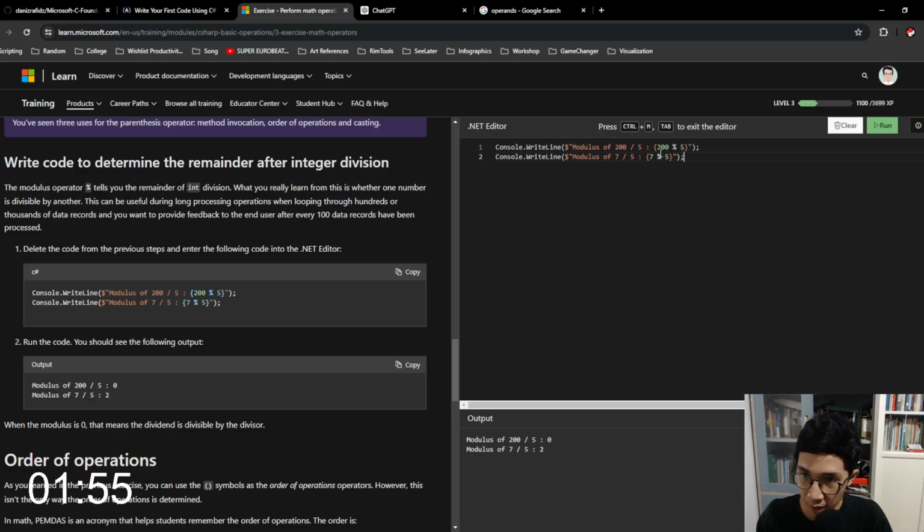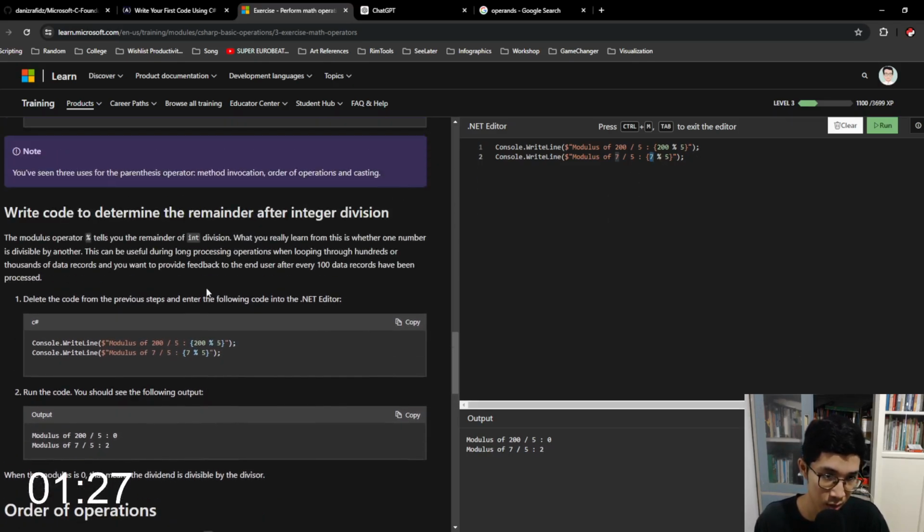Because the remainder of 200 and 5 is equal to 0. There's nothing left there. And 7 remainder 5, 7 divided by 5, has to leave 2. That's how it works.